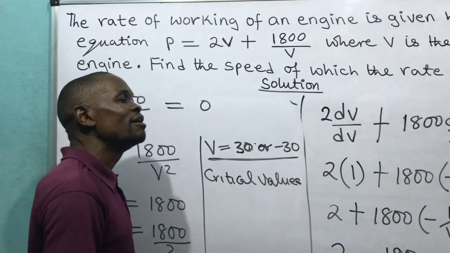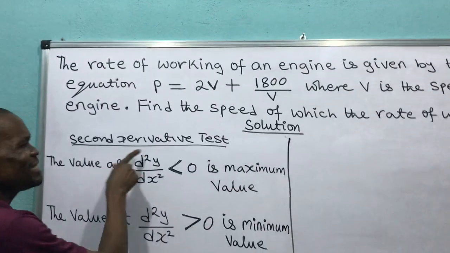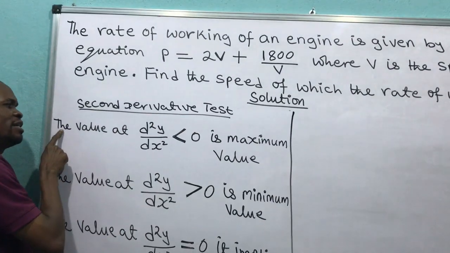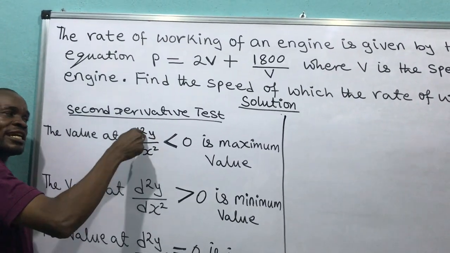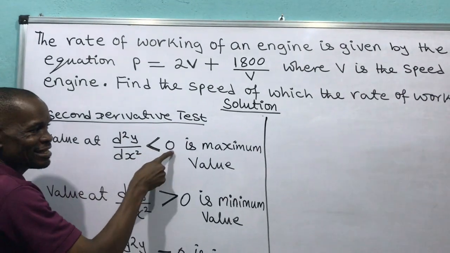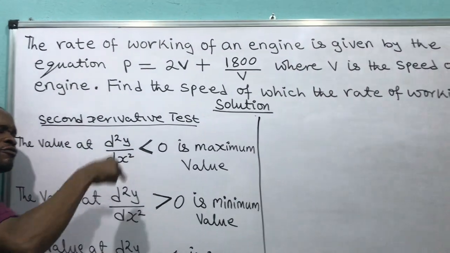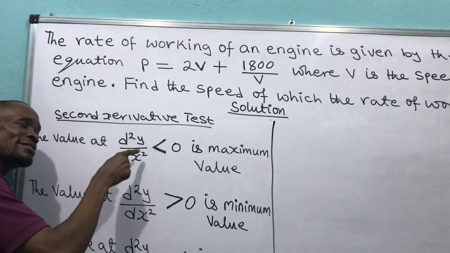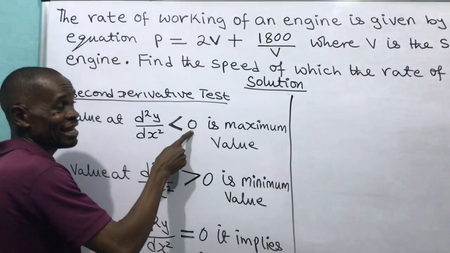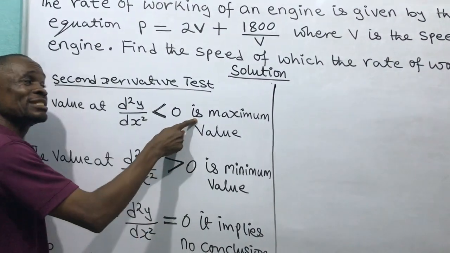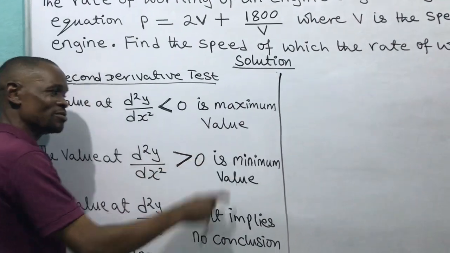Then let's see second derivative test. The value at which second derivative of y in respect to x is less than 0. The value of that critical point at which the second derivative of y in respect to x is less than 0, that value is maximum value.